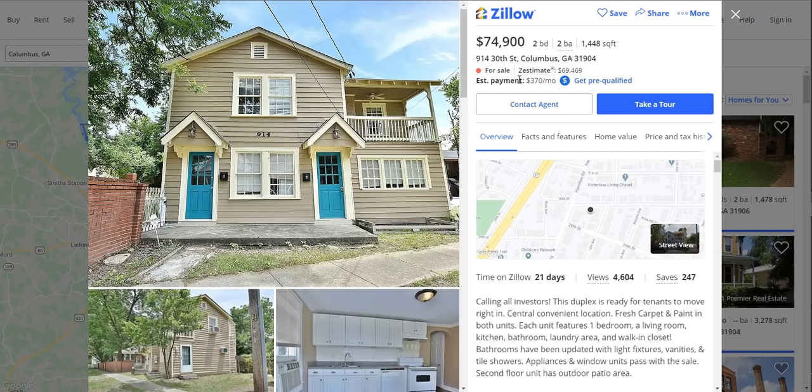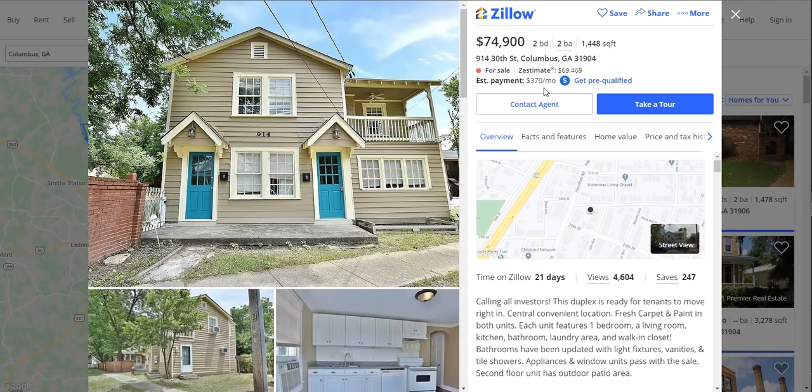Zillow is estimating the value of this property at roughly $69,500, $69,469, and I'll show you how they came up with that value in just a moment. They're also estimating the monthly payments at $370 a month.